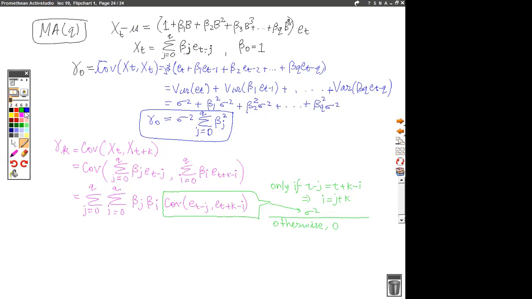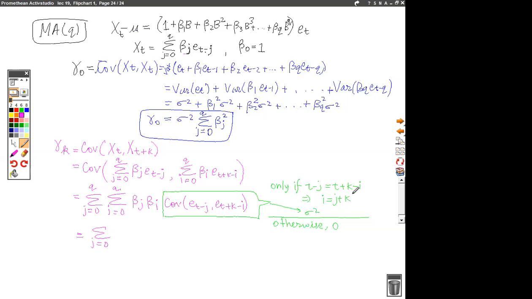Okay, so now we ignore the terms where we get the covariance as 0, and we only keep the cases where we have the answer as sigma squared. If I have an answer as sigma squared, I know it does not depend on either i or j, so I can take it outside. Let me write it like this first, j going from 0. I'm already taking into consideration that my i takes values j plus k.